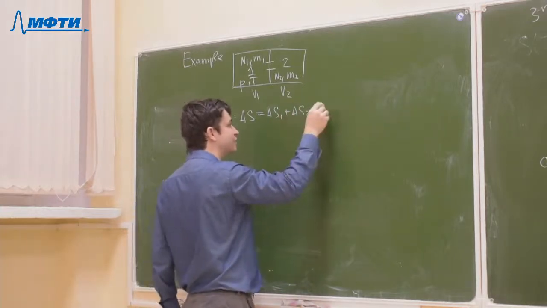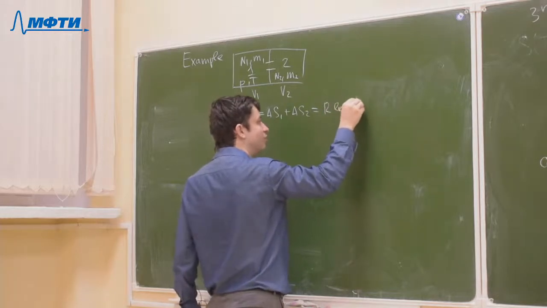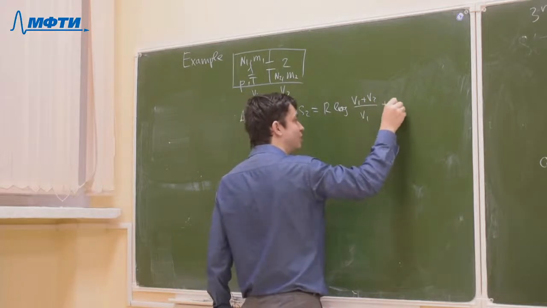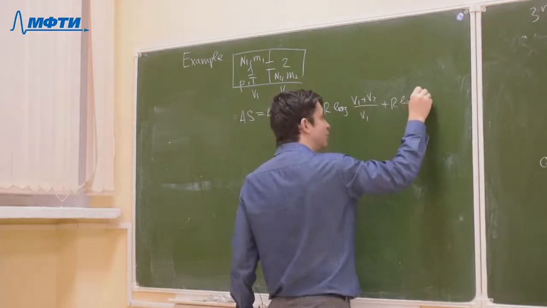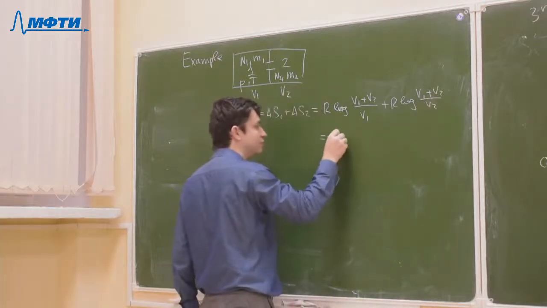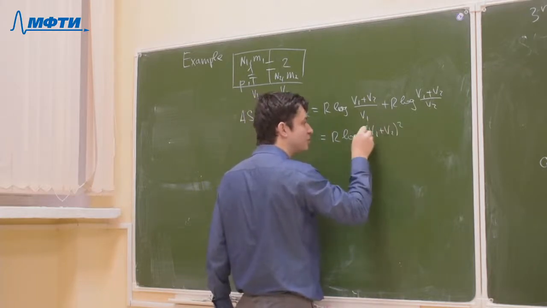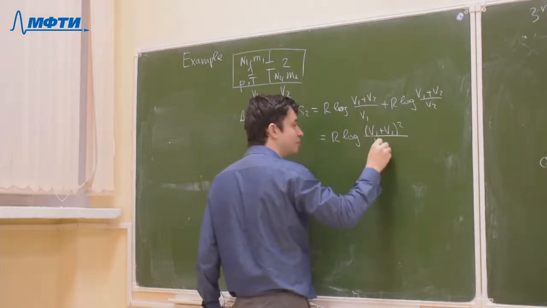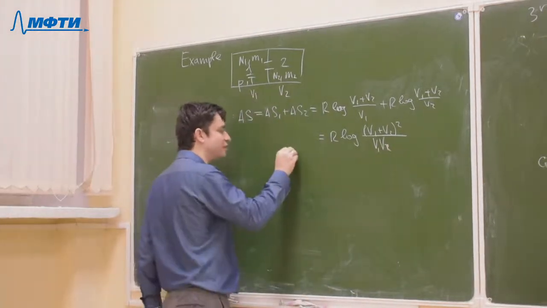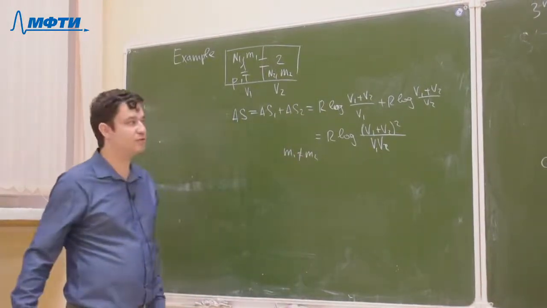That gives us R log of (V1 plus V2) over V1 plus R log of (V1 plus V2) over V2. Or we can write that this is R natural log of (V1 plus V2) squared divided by V1 V2. And this expression is valid when masses of these molecules are different, M1 is not equal to M2.